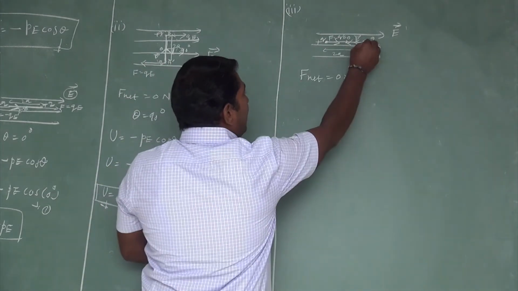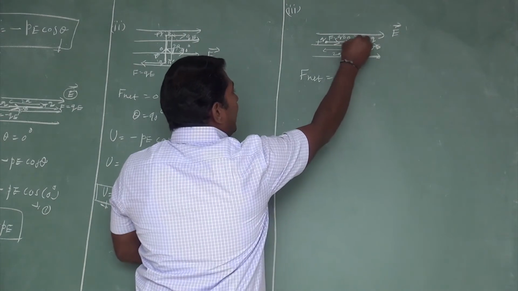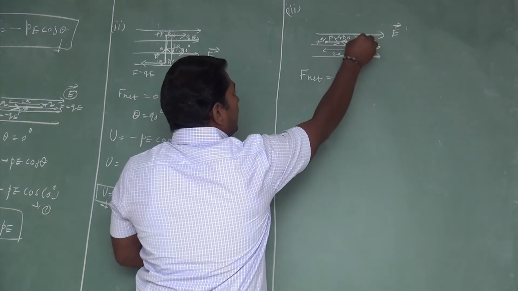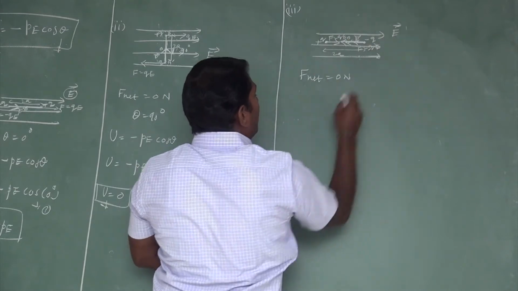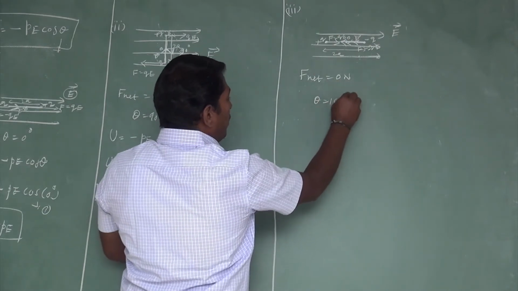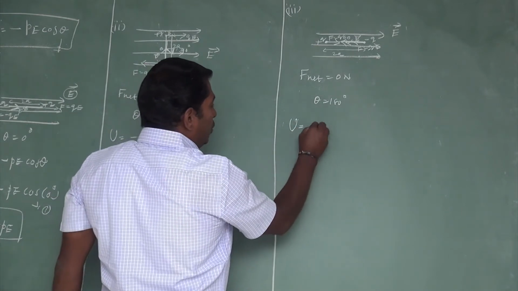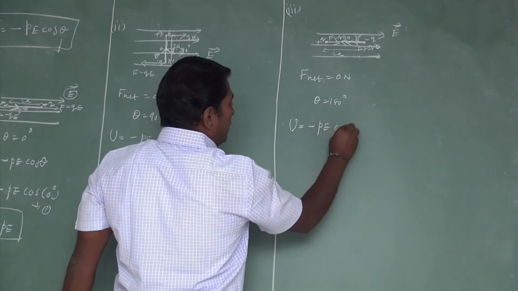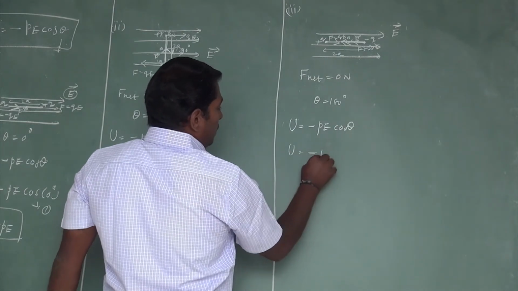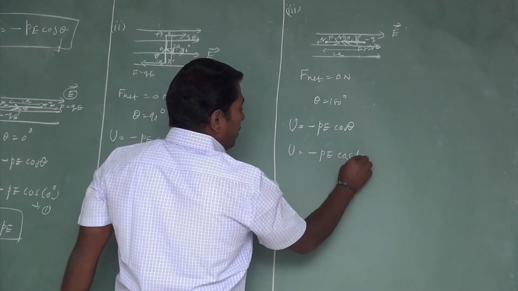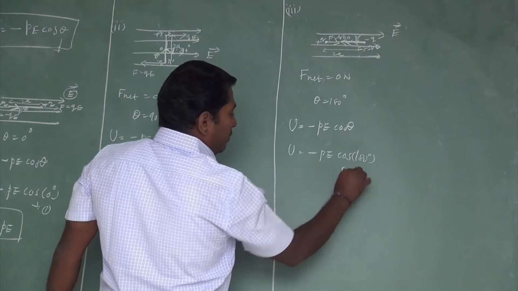Here, the angle between the direction of the electric dipole moment and the direction of the electric field, theta, is equal to 180 degrees. In this position, the electrostatic potential energy U is equal to minus PE cos theta. U is equal to minus PE cos 180 degrees. Cos 180 is minus 1.